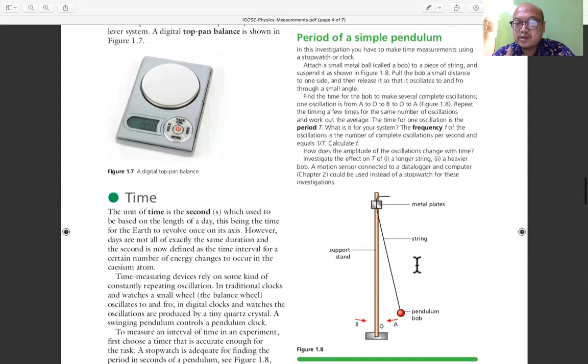That time is one period. Frequency is 1/T. I think in grade 9 we already studied period and frequency. Period is the time of one oscillation, and frequency is 1/period.